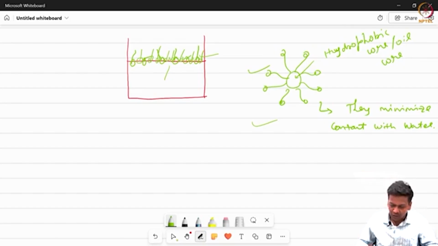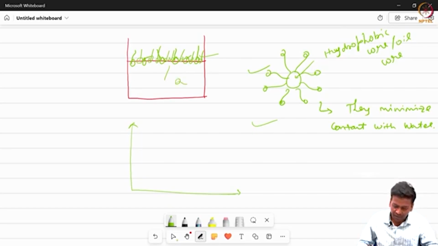Now there is going to be a transition, and this is going to be an equilibrium process. When I keep adding the surfactant into the aqueous solution, because they try to go to the interface and remain at the interface, beyond some concentration the surface concentration will remain the same, because whatever we add further goes into the bulk.